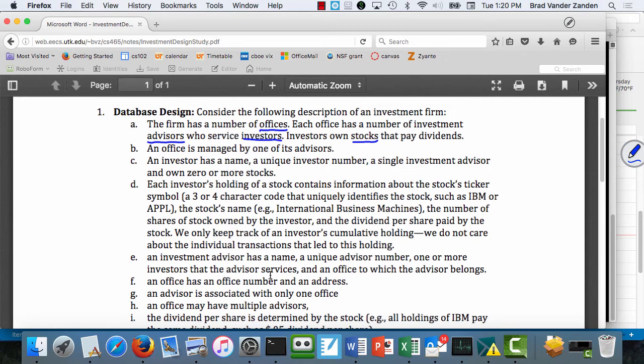So for sure each of those should be an entity. Dividends, we're not quite sure, but what would you tend to think a dividend is? A stock or an attribute? So it's probably an attribute of a stock.